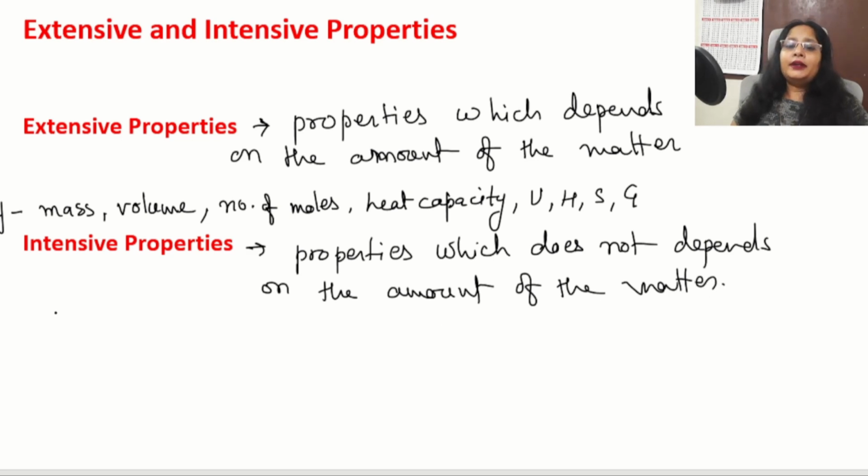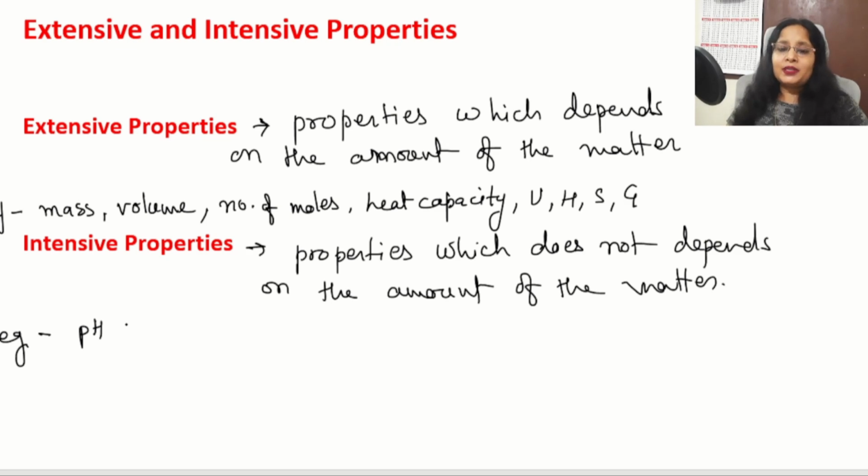Those are called intensive properties. For example, now let's have an example of intensive property. First thing is pH. So pH, we understand what is that? To measure the acidity or basicity of the sample, we study the pH.